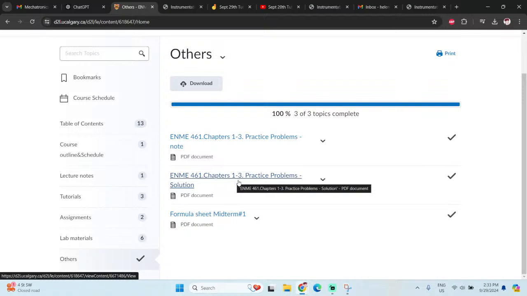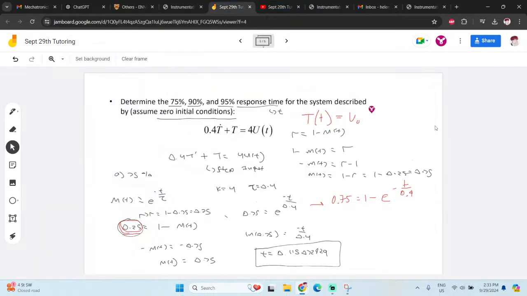But isn't the response time, what you find after solving the first order system, something like t equals the initial input over 1 minus e to the power of t over tau? Isn't that the solution you get after solving the first order equation?